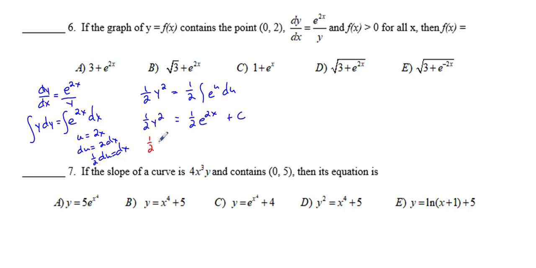1/2, we'll have 2 squared equals 1/2 e to the 2 times 0 plus c. So it looks like 4 divided by 2 would be 2. And that'd be 1/2 plus c. And then if I subtract a half, I get 3 halves.